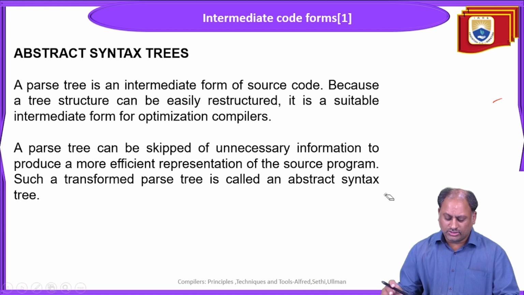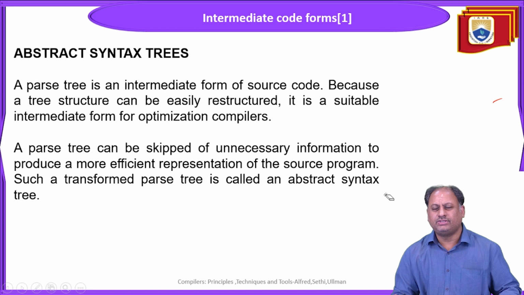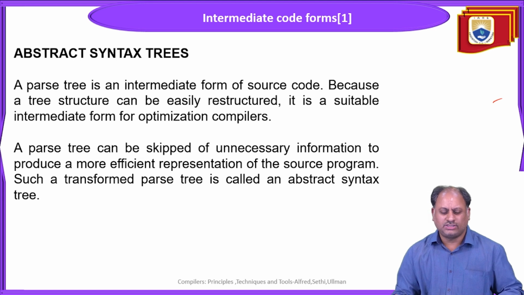In order to produce the object program from the source program, we have to implement a necessary and important step called the intermediate form of the source code. These intermediate forms are very useful and are based on the construction of the parse tree with relevant information. Again, some of the contents are skipped to give an efficient form, called abstract syntax trees.